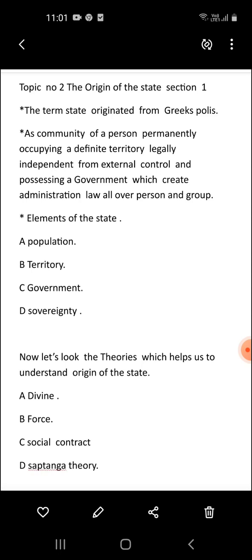Now after the military comes kosha, means treasure, which is considered as the life and blood of the kingdom, because finance is very important in terms of improvement.